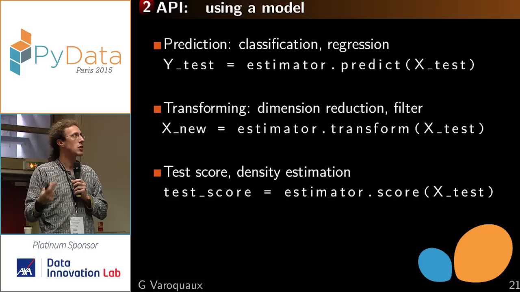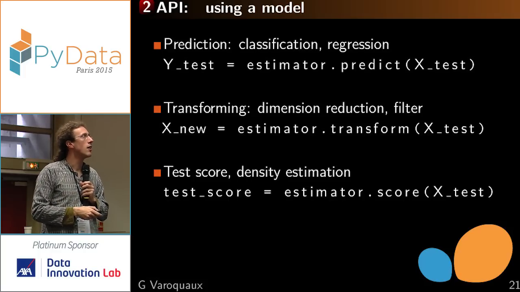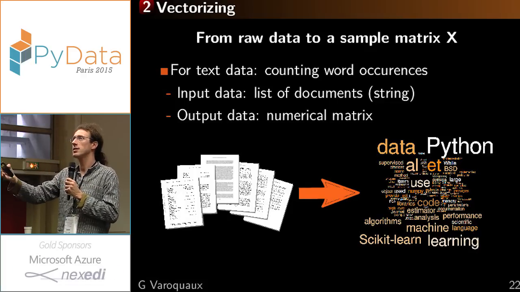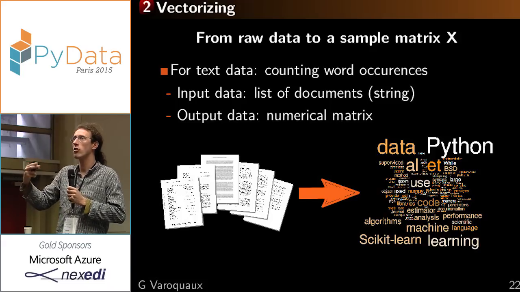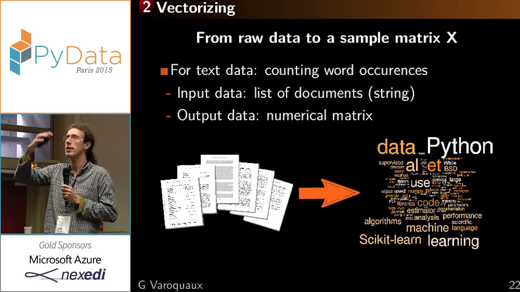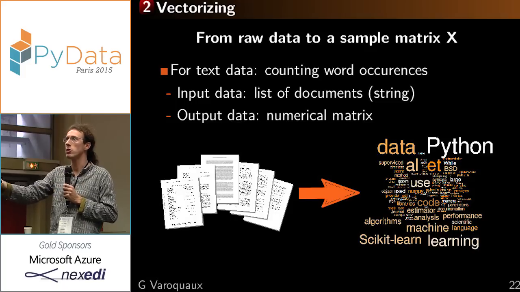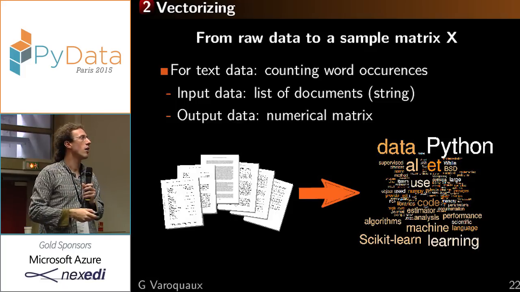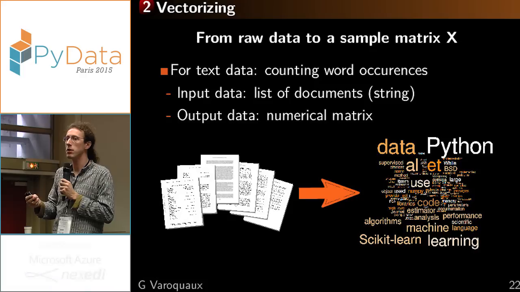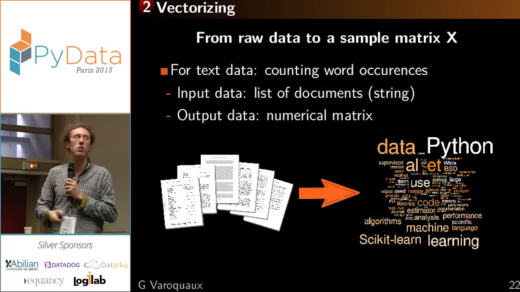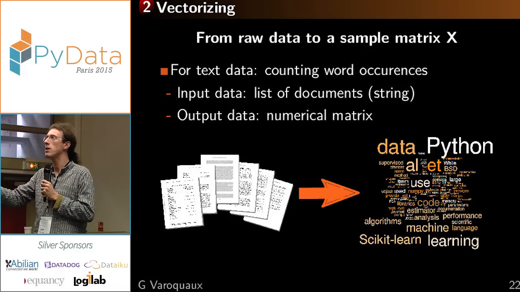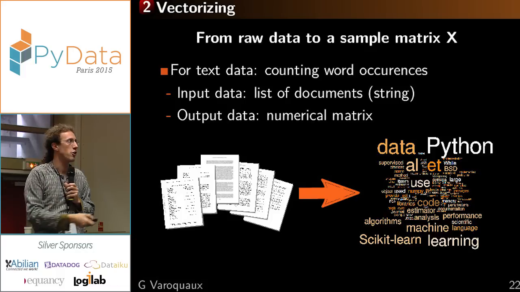So one example of transformation is when you're trying to learn from text. Raw text is not numerical features. It is not a 2D matrix of numbers, samples by feature. So you need to transform a bunch of documents into a data matrix. And a simple way of doing this is simply to count words. I'm going to count in each document how many times a word occurs.